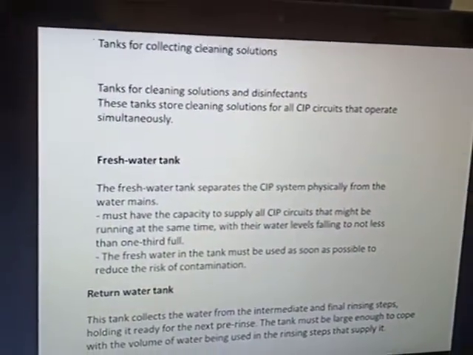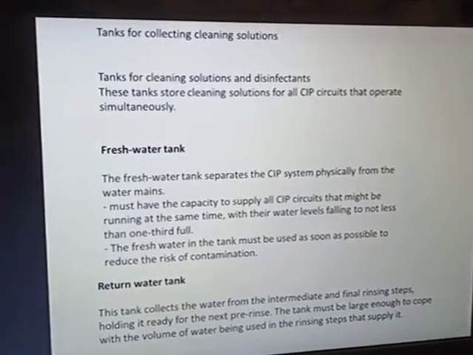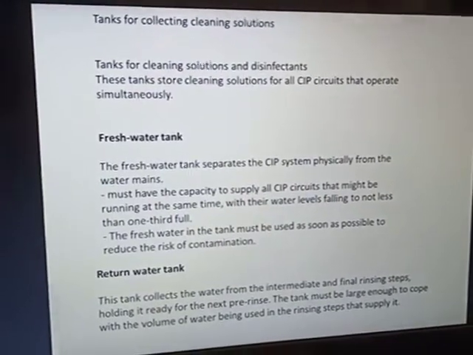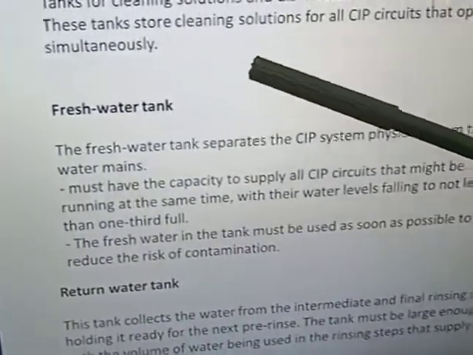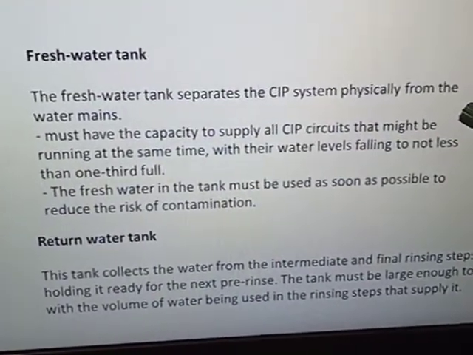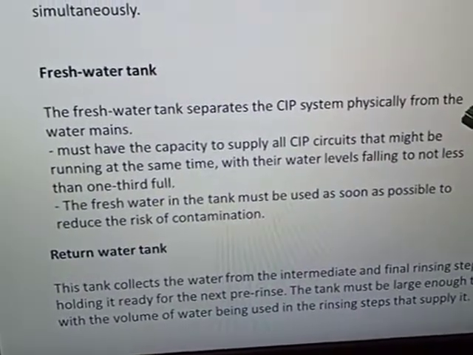Tanks for collecting cleaning solutions. Tanks for cleaning solution and disinfectant. These tanks store cleaning solution for all CIP circuits that operate simultaneously. Freshwater tank, you need a freshwater tank. It separates the CIP system physically from the water mains.